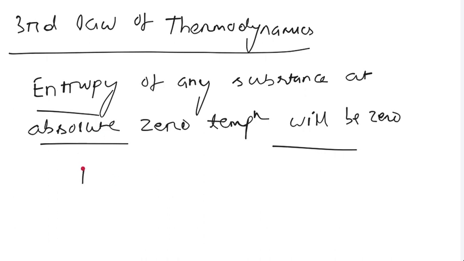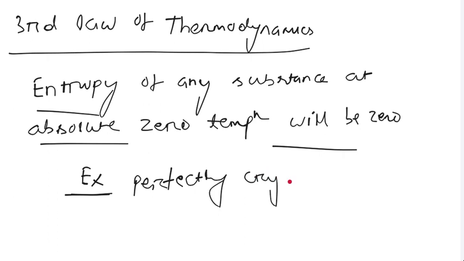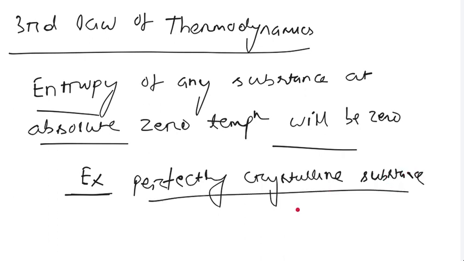The example you can write down is a perfectly crystalline substance, a perfectly ordered crystal arrangement where the ions are at their correct lattice positions and they will not move. They will not vibrate.